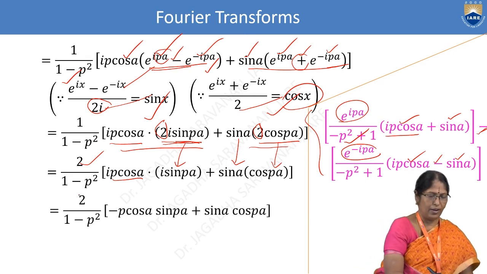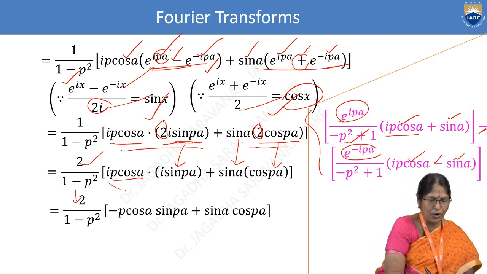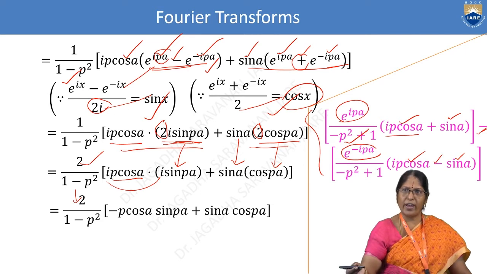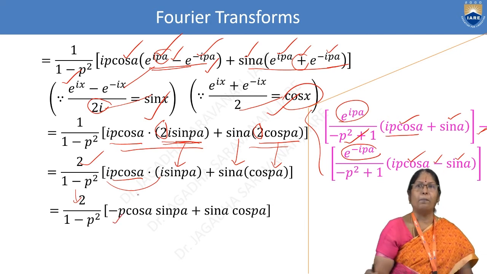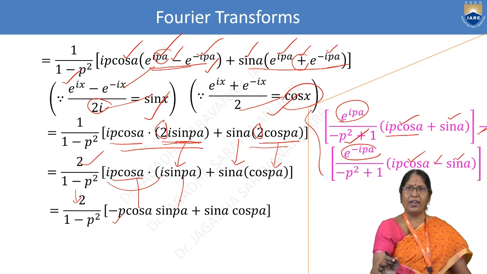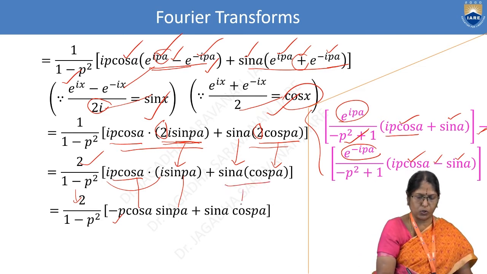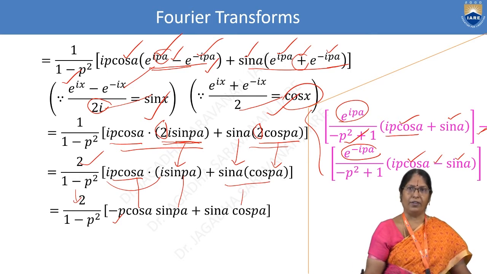Now, i into i is i square, and the value of i square is minus 1. That is why minus 1 into p minus p cos A sin pA is written as it is. This term, sin A cos pA, is also written as it is.